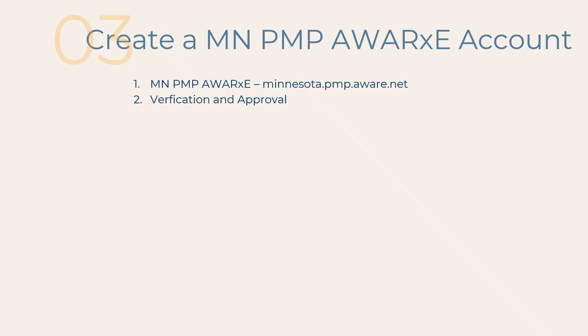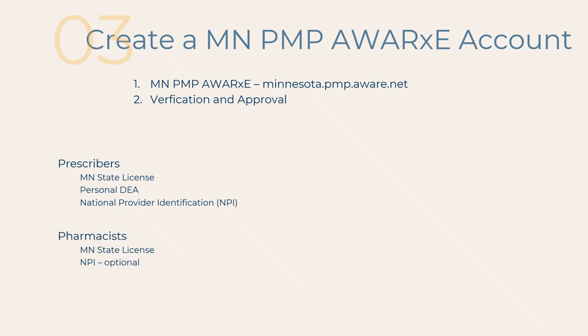For prescribers, they must have a valid Minnesota license, DEA registration, and NPI that match the demographics entered in the application. For pharmacist applicants, a Minnesota State pharmacist license is verified upon application submission. An NPI is an optional field for pharmacists.